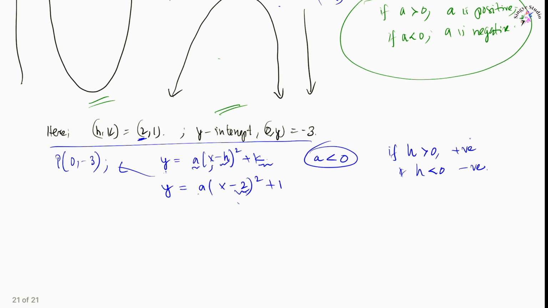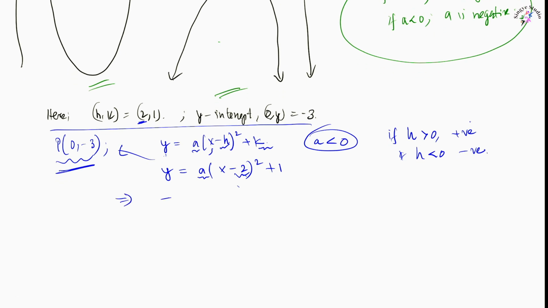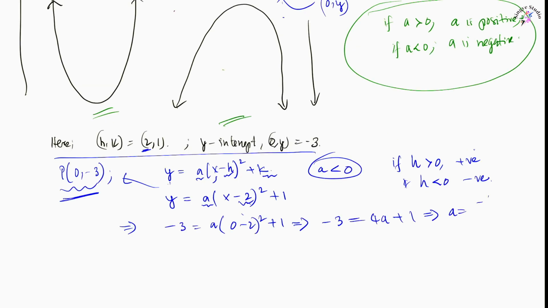Now, to find the value of a, we can substitute any point which the curve passes through, and here we will use (0, negative 3). So when you use this, we get negative 3 is a(0 minus 2) whole squared plus 1, which is negative 3 equals 4a plus 1, which gives a equals negative 4 by 4, which is negative 1.